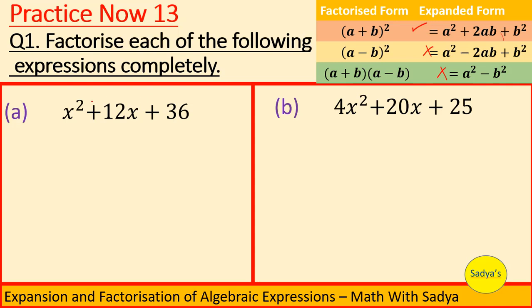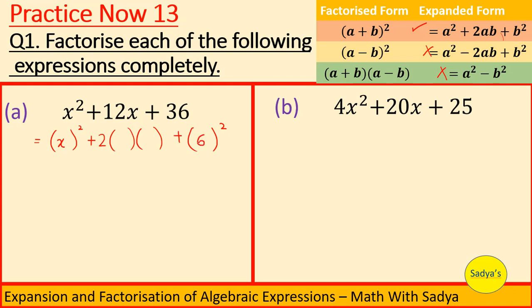Now let's try writing this expression in this form. Write down the structure. A squared plus 2ab plus b squared. So which number when squared gives us x squared? Definitely it's x. And which number when squared gives us 36?